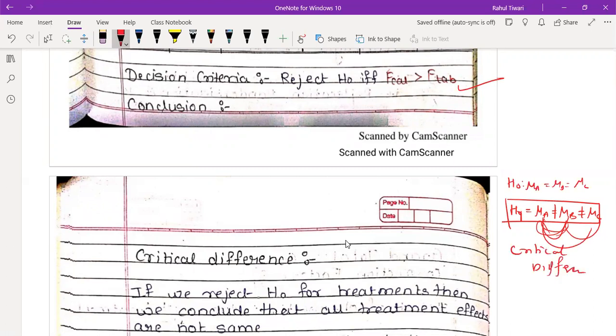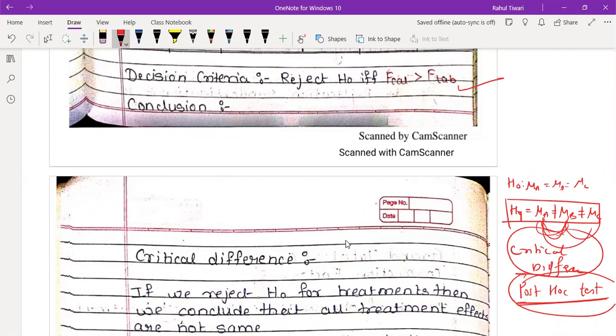This method is also known as the post hoc test. Okay, so it's very famous. There are different post hoc tests like Tukey test, Scheffe's test. When you work on software, you will get to know all these names.